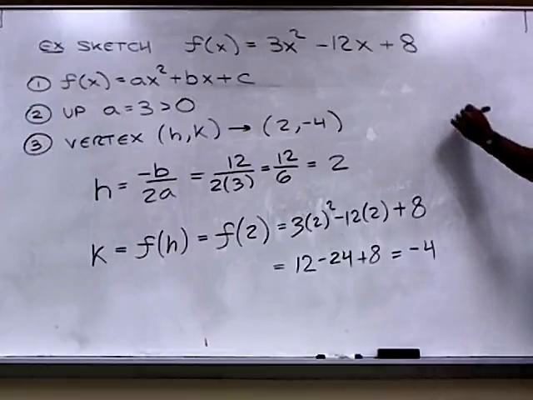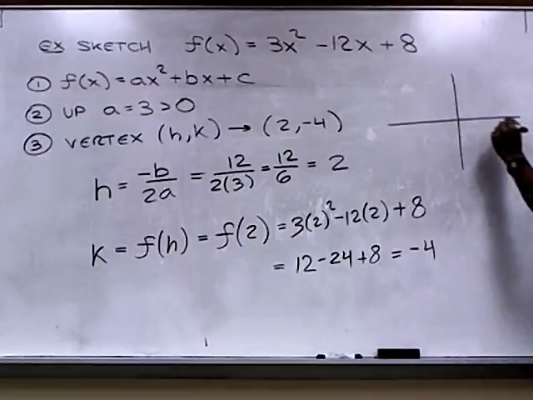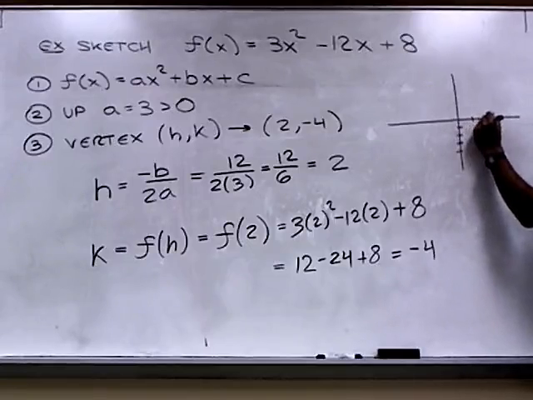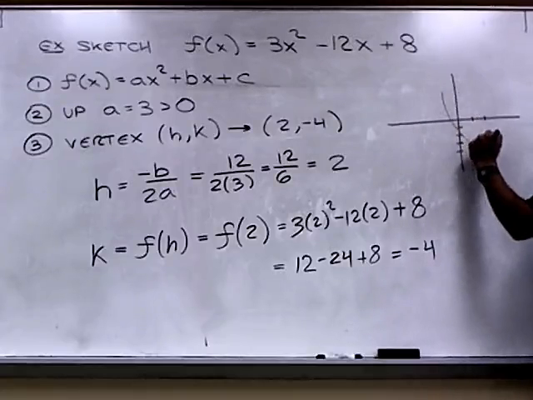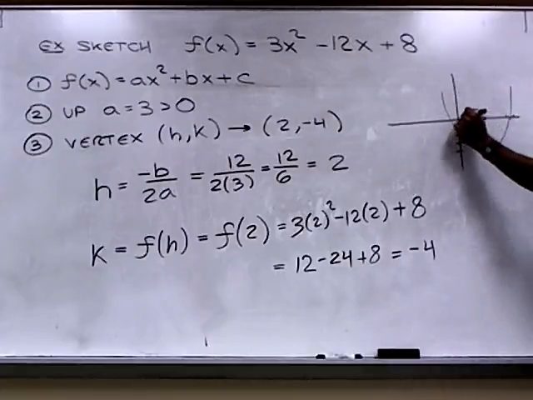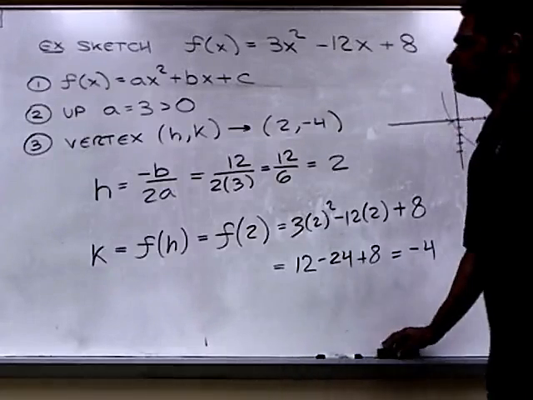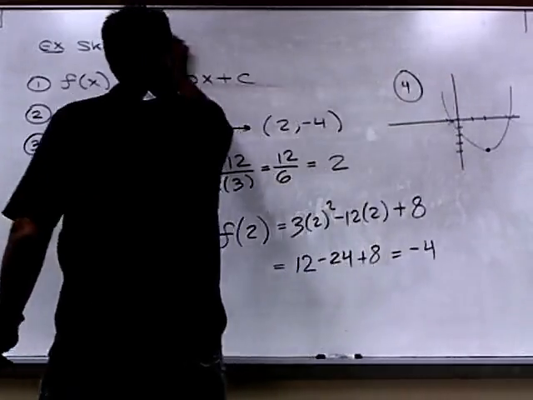So here's my quick sketch. My vertex is at 2, negative 4, out to the right 2, down 4. And this thing opens which way? Up. So I'm going to have 2 x-intercepts. So I know I'm going to need to find them, right? So that's step 4, quick little sketch. Step 5.